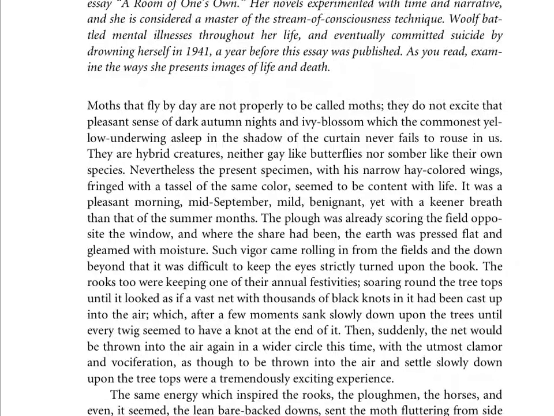So if I take my little pencil here, we have the idea of moths are hybrid creatures. The beginning of this paragraph talks about how they're a little bit different than butterflies and also a little different than part of their own species, the ones that are at night. We're talking about the day moths.